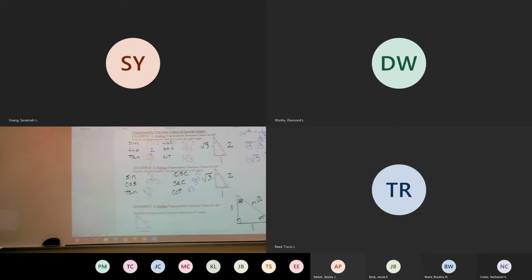The cosecant is going to be square root of 2. The secant is going to be square root of 2. And then the tangent is going to be 1.